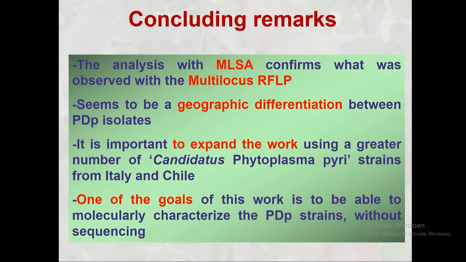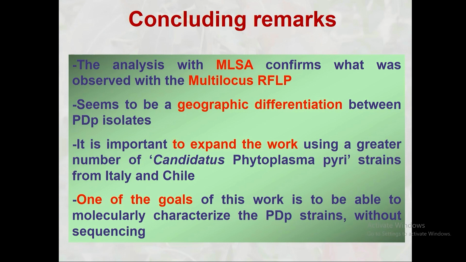In conclusion, the analysis with MLSA confirms what was observed with the multilocus RFLP. In this condition, with this number of samples, of course, there seems to be a geographic differentiation between pear decline phytoplasma isolates.